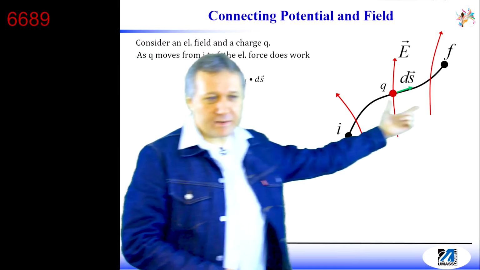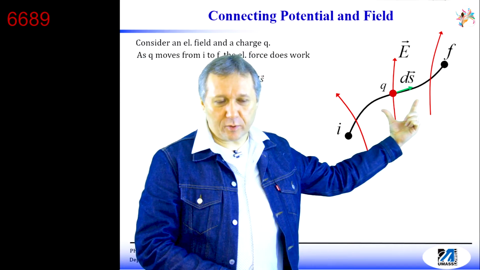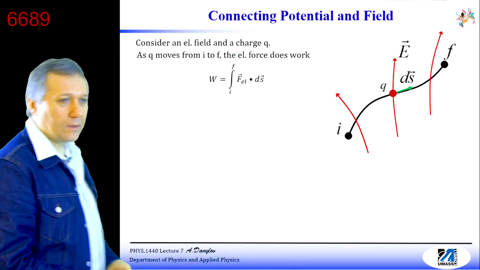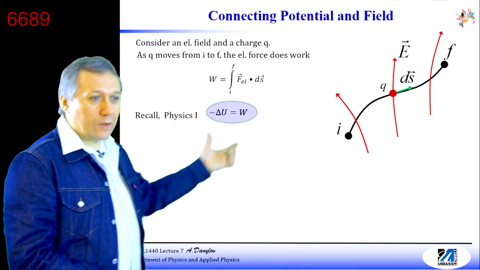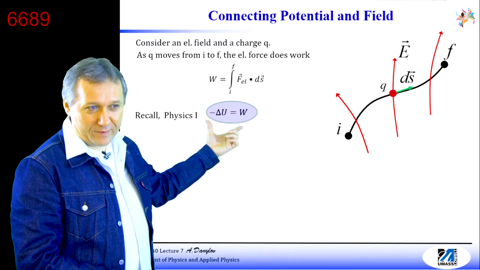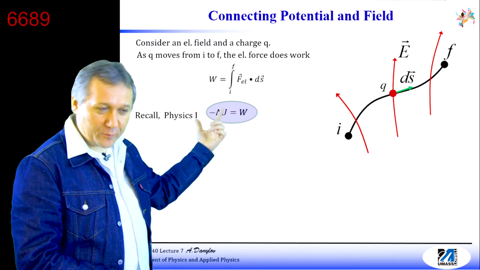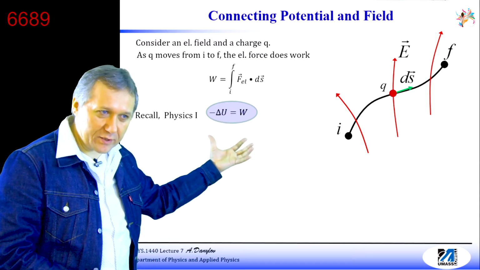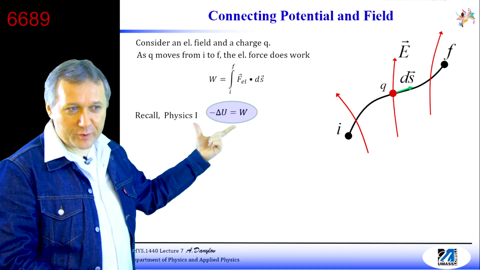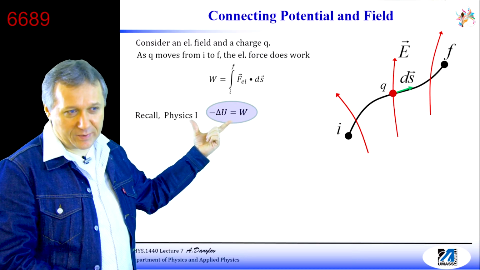First of all, what is ds? ds is this infinitesimally small displacement, right? And now again, recall from physics 1. Since this is a conservative force, we can introduce potential energy, and as a result, we can connect the work by this conservative force with the change in the potential energy.